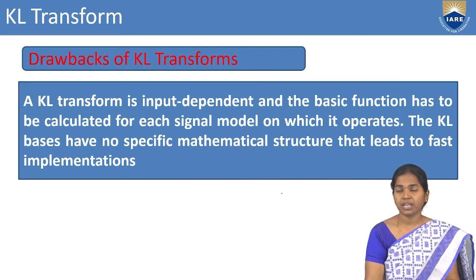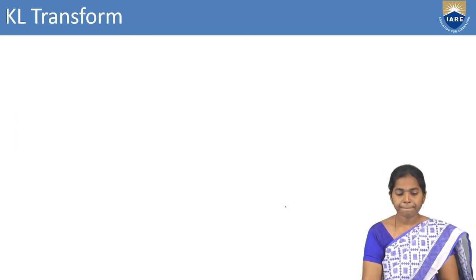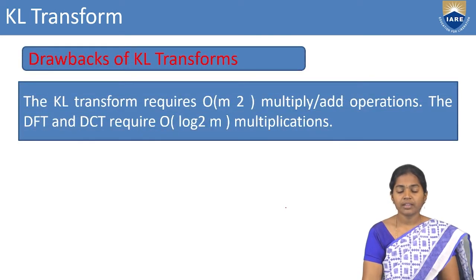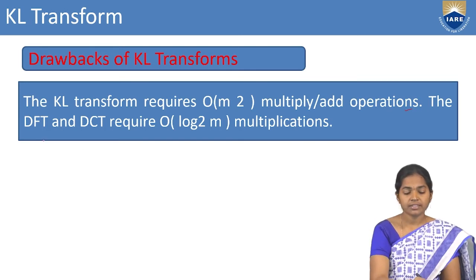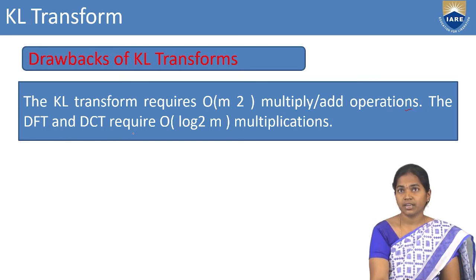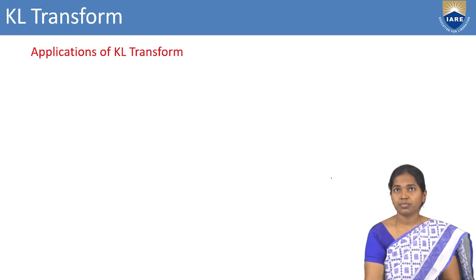There is no specific mathematical structure that leads to fast implementations. And the KL transform requires O(m squared) multiply or add operations, whereas the discrete Fourier transform and discrete cosine transform require O(m log m) multiplications. So this is one drawback of the KL transform.